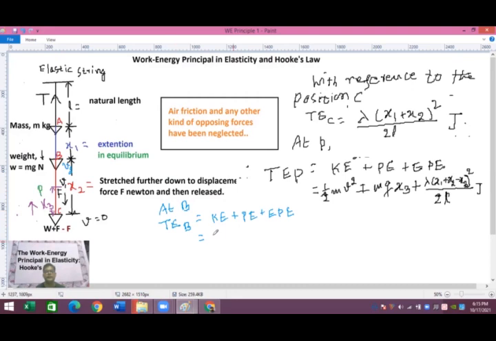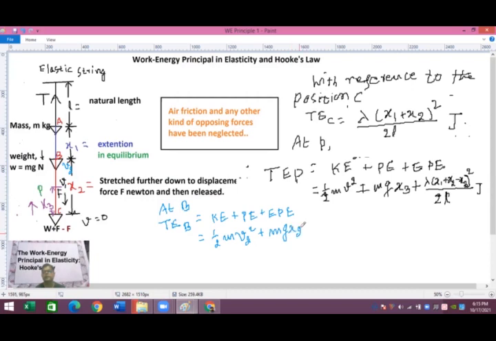Then the kinetic energy is half m v2 squared. For potential energy you have to count the distance, which at position B is x2 from here to here, so you can write mg x2.